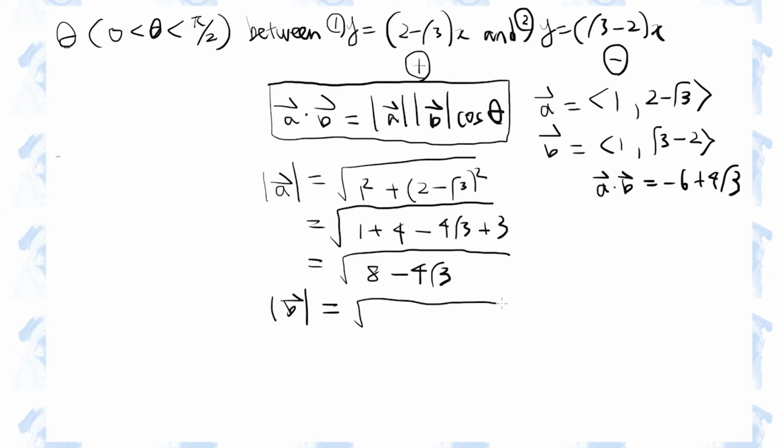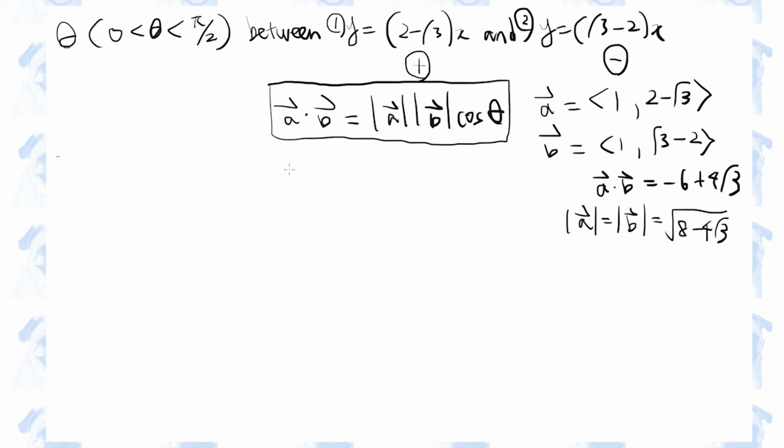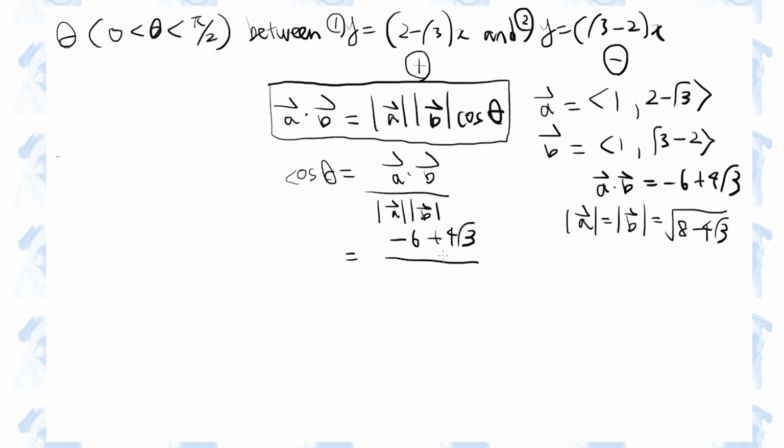Likewise, the magnitude of vector B is... So these two vectors have the same magnitude. Let's rewrite it in terms of cosine theta. Vector A dot vector B is minus 6 plus 4 root 3, over the square of root 8 minus 4 root 3.